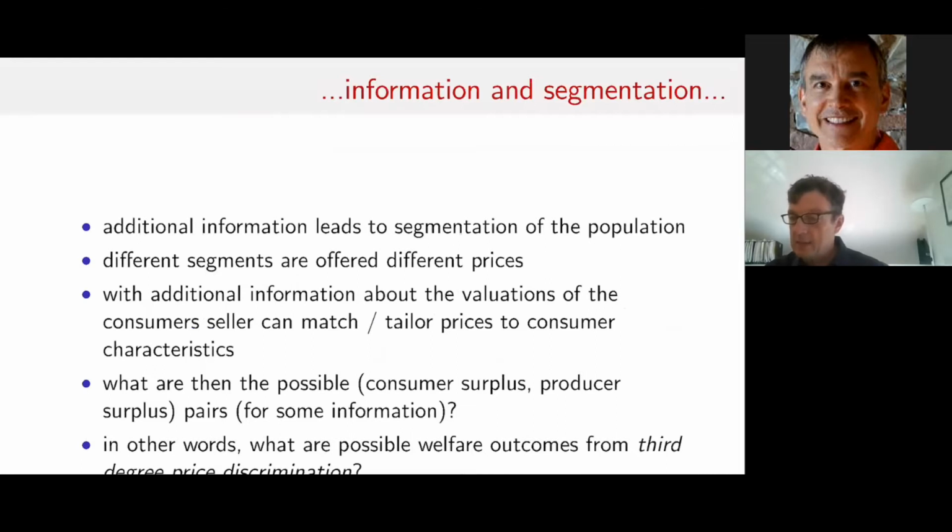So if he has additional information about the valuation of the consumers, then he can match, or rather tailor the prices that he's offering to the consumer characteristics.